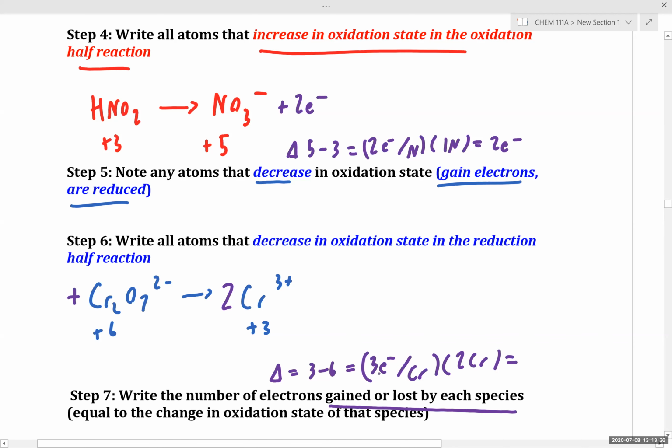So that's 3 per chromium atom, but since we have 2 chromium atoms, we have 6 electrons total. That is why I always had you make a note and always double check that your main atom is balanced when you're counting electrons.